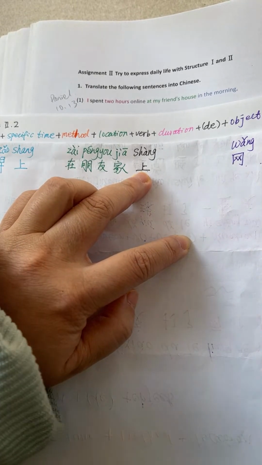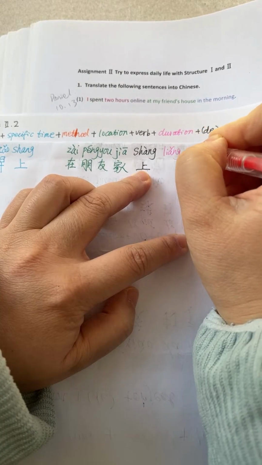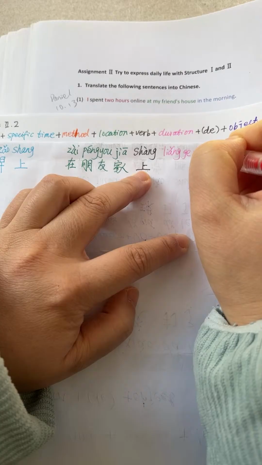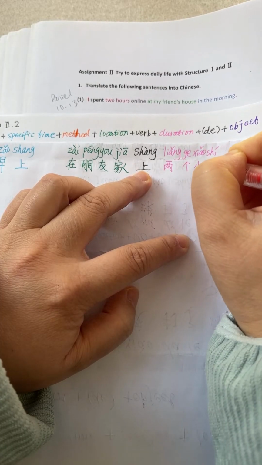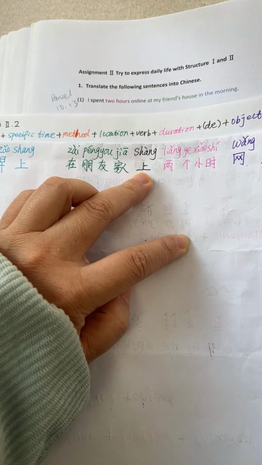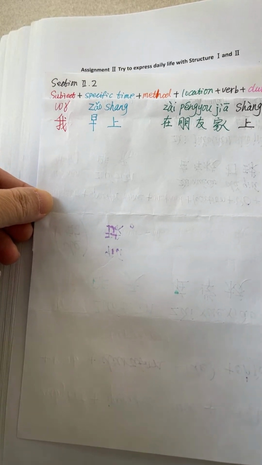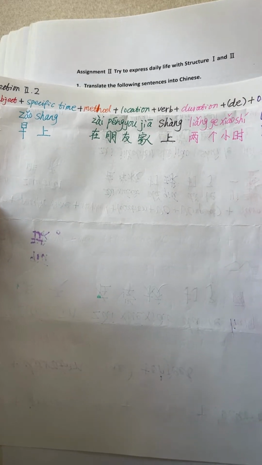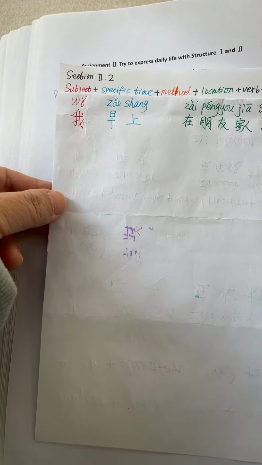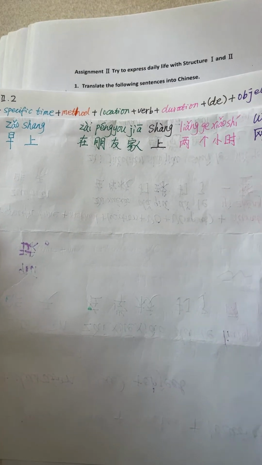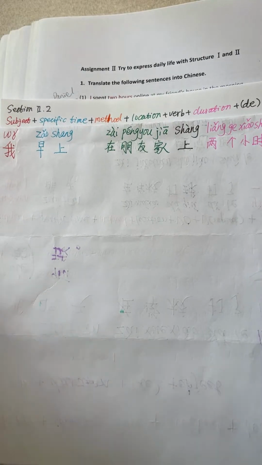The duration is 2 hours, 2个小时. So the correct sentence is 我早上在朋友家上2个小时网. Any question?